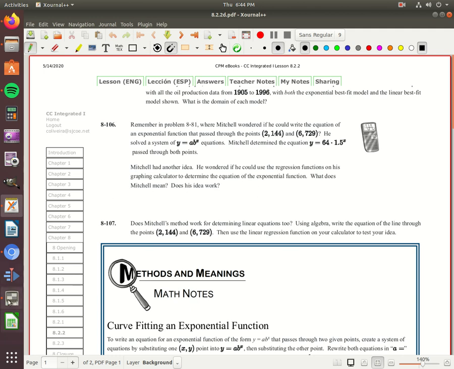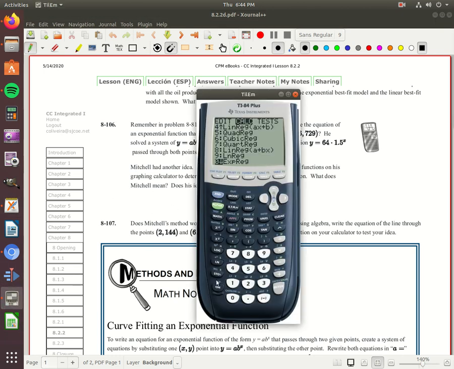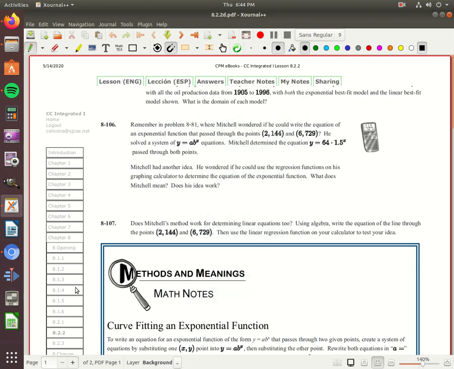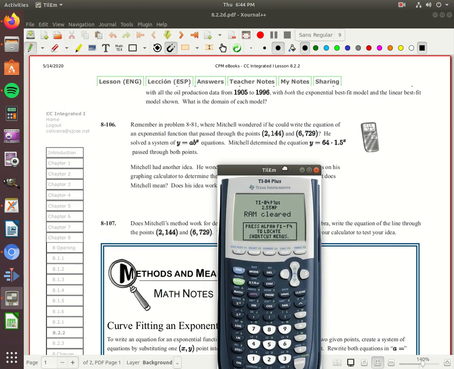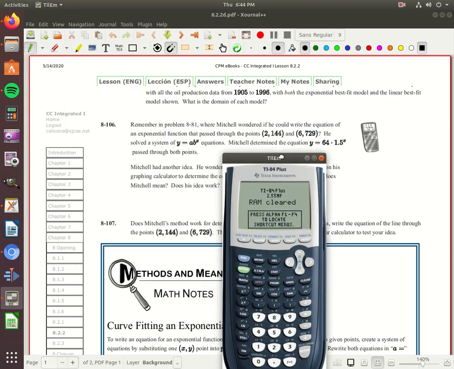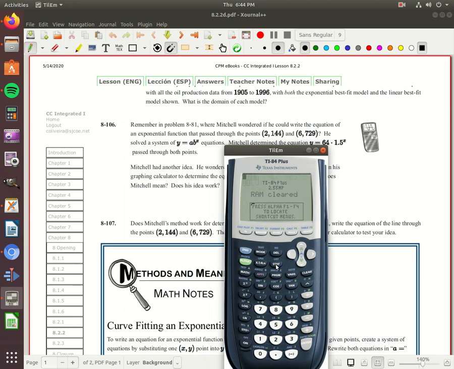What does Mitchell mean? So this is kind of cool. I actually do this one in the calculator. If you wanted to, you could definitely do this one. Actually, this is an easier way for me to clear it, just turning it on and off. If you want to use this one in Desmos, you can, but I'm going to do this one here. So I'm going to go stat, edit. I have 2, 144 and 6, 729.